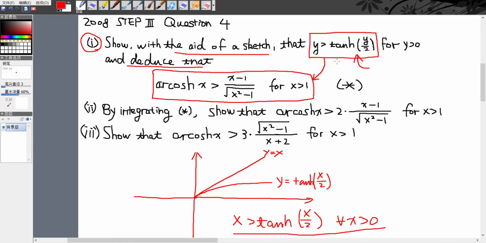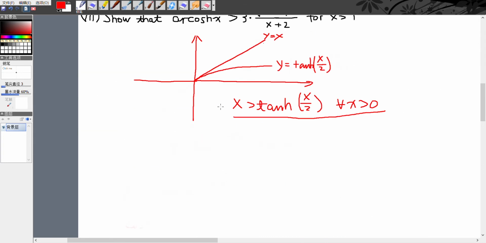How do we go from here to here? I think the most obvious way, if you want to get from tanh to cosh, is just to square both sides and apply a hyperbolic identity. Let's see what will happen.